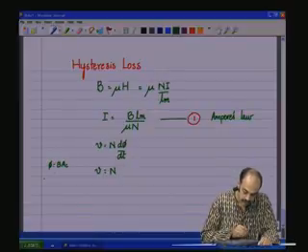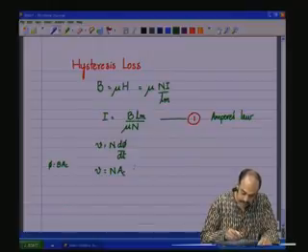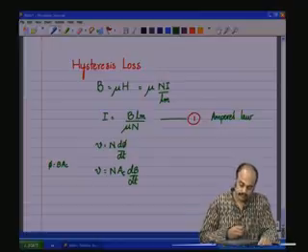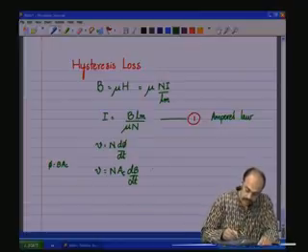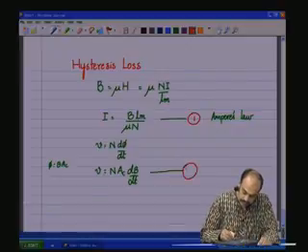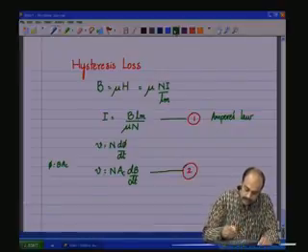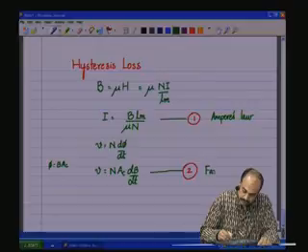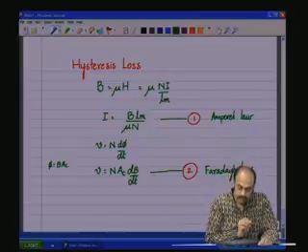So, if AC is constant, V is equal to N AC dB by dt. This is the other equation which comes from Faraday's law.